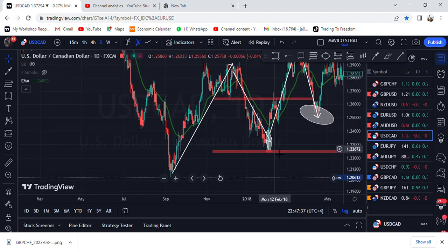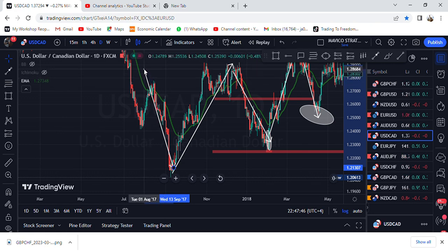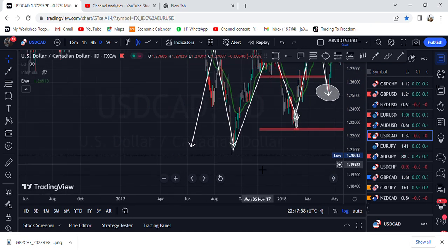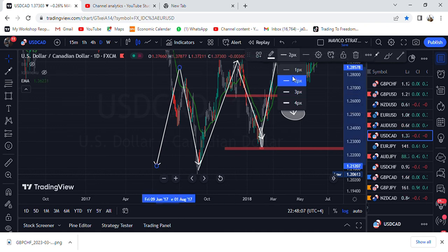This could only happen if there was one candle formation like this. I hope you guys you see it clearly. Let's make it bigger.